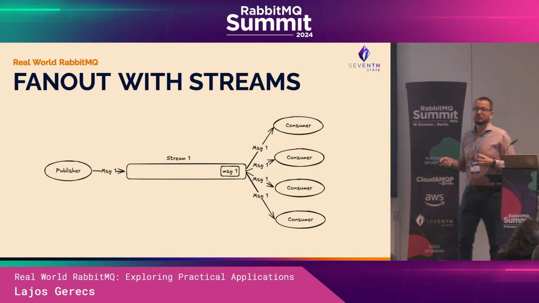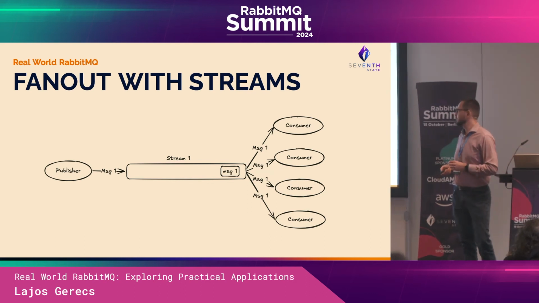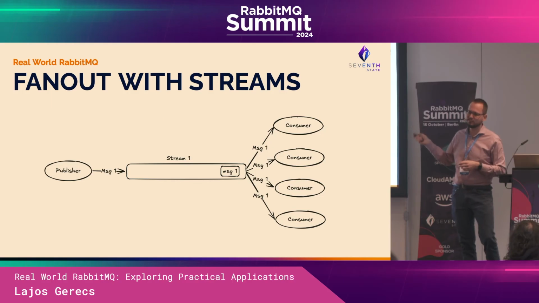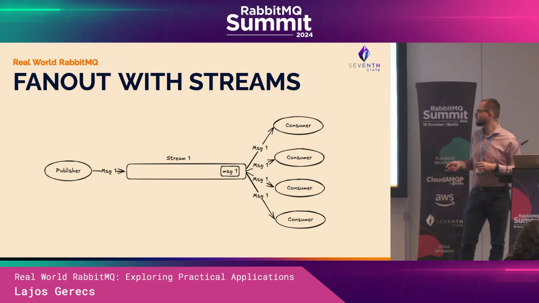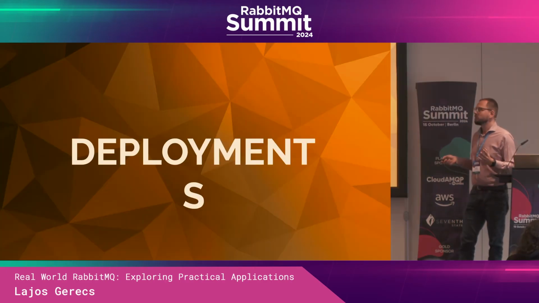So this is the messaging you can do with RabbitMQ. Streams are very good for this high throughput data, like sensors, and this one is very nice because people were suffering because of this. So this is about messaging.